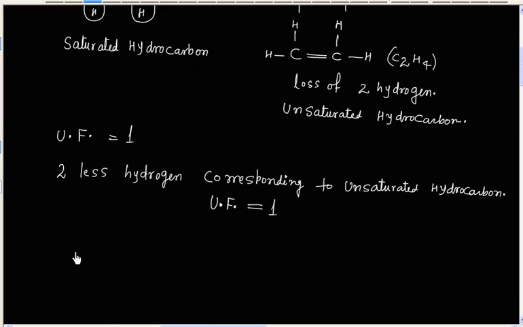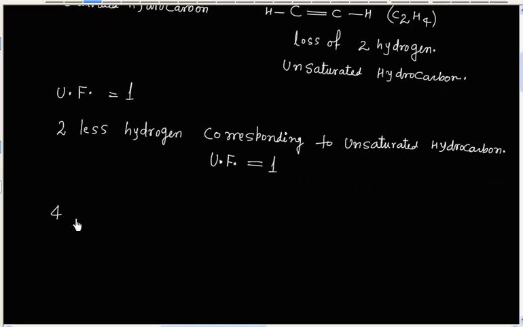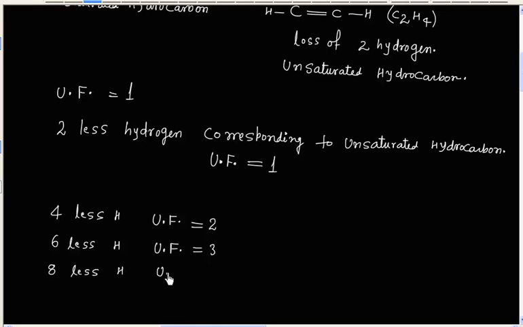If I have 4 less hydrogen, we define unsaturation factor 2. So 4 less hydrogen, unsaturation factor is 2. Now if I have 6 less hydrogen, unsaturation factor is 3. Similarly, if I have 8 less hydrogen, we define unsaturation factor as 4.